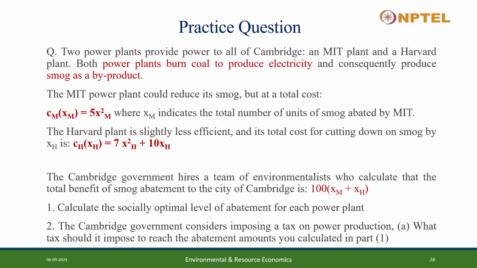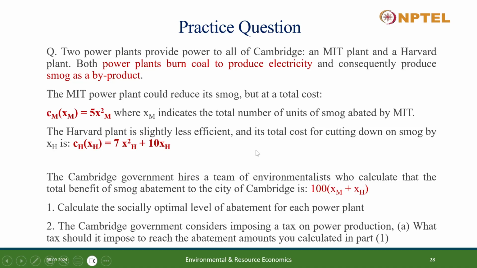Now we will try to solve one of the question. So for this, I might need a little bit of interaction if you are able to solve this question. So if you know the answer, please try to answer in the chat box.